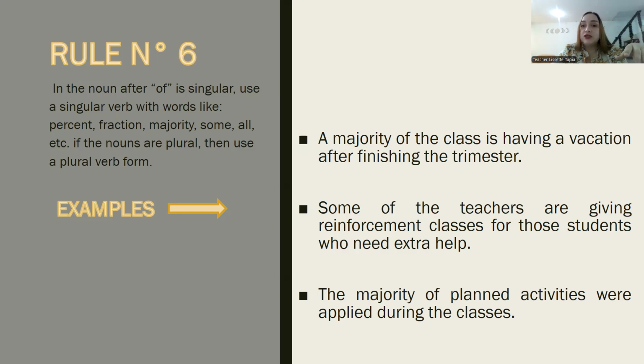So I have a majority in a class that is plural, so to say, but as I am using it as a unit, I have to use the singular verb. Another example: some of the teachers are giving reinforcement classes for those students who need extra help. As I am using another amount, some of the teachers, and it is plural now, I have to use a plural verb.